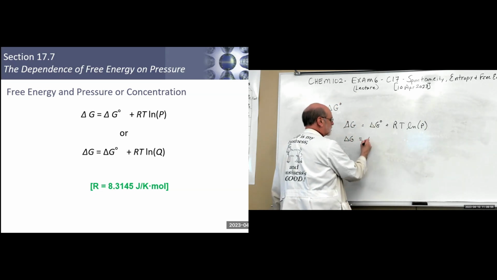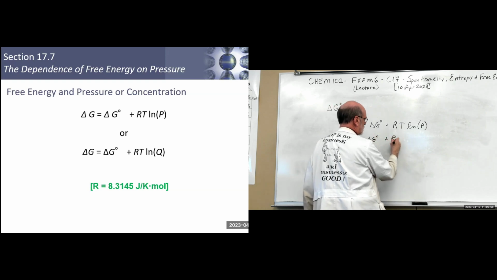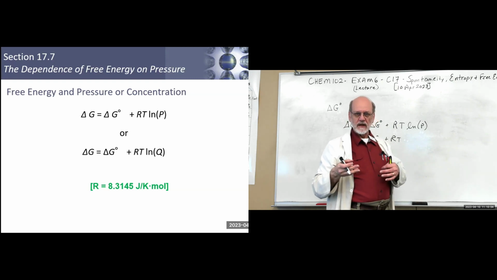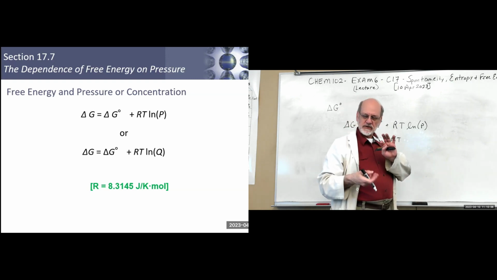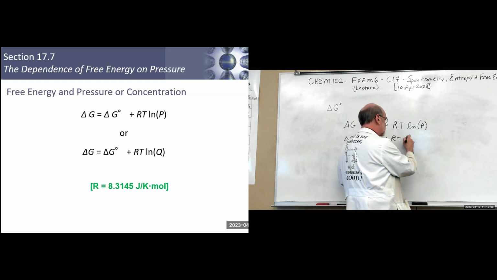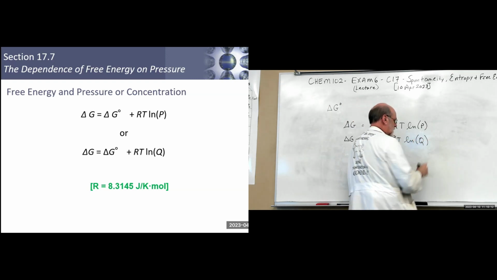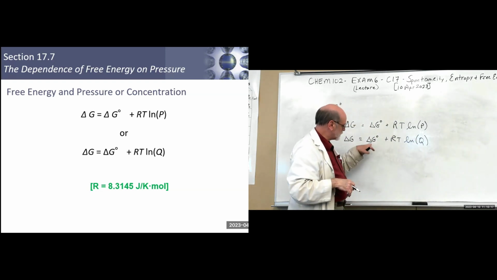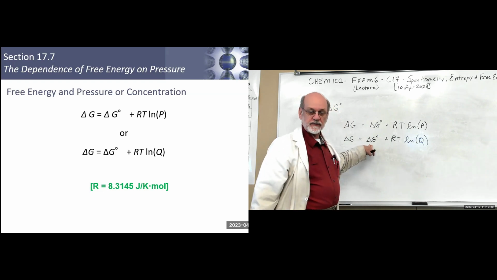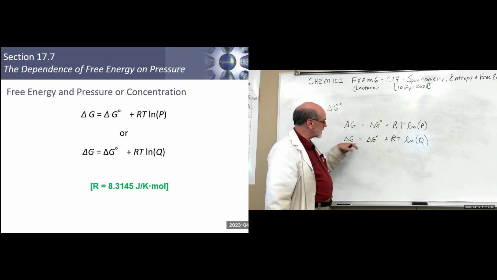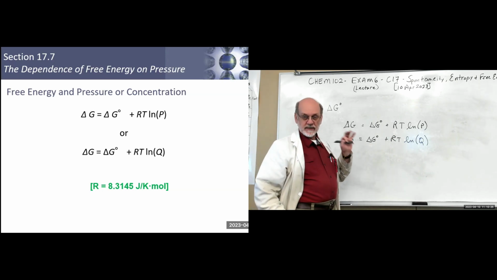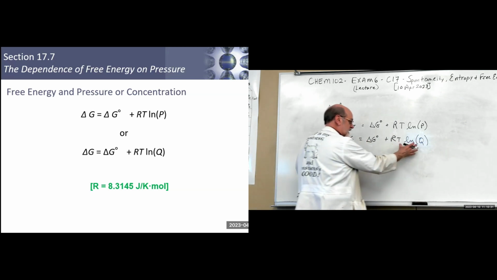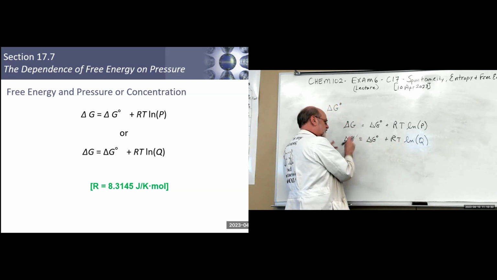If we have a system where we have, say, solutions or a mixture of solutions and gases, then we can use the Q for our equilibrium. Calculate the Q, use the standard Gibbs free energy for that reaction, and you can calculate the actual Gibbs free energy and determine if it's spontaneous, because this influence on that value could throw a negative to a positive.